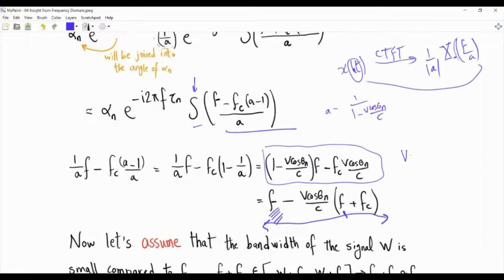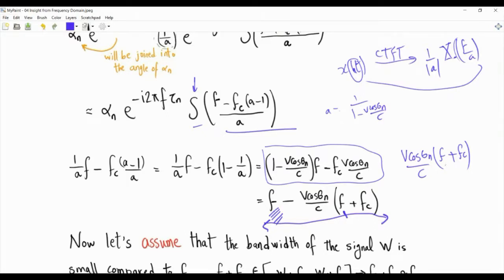Now look at this term. It's v cosine theta n over c, and then we have f plus f carrier. Now the signal has frequency components, right?